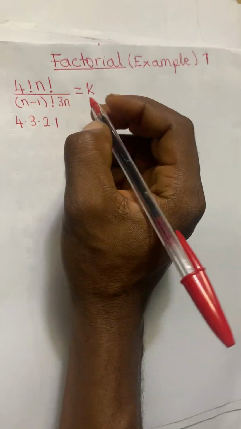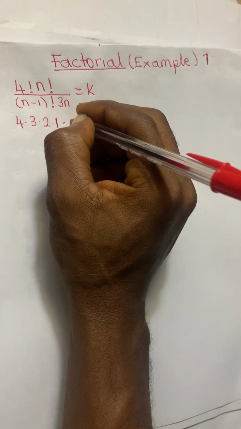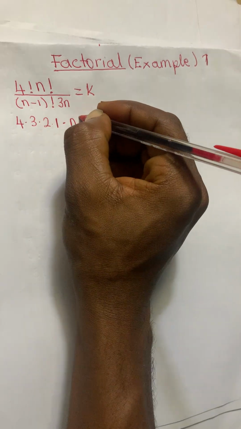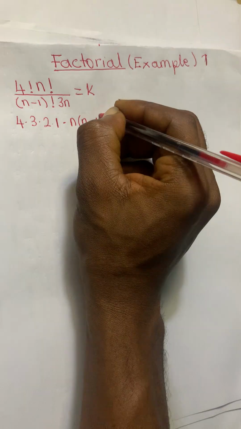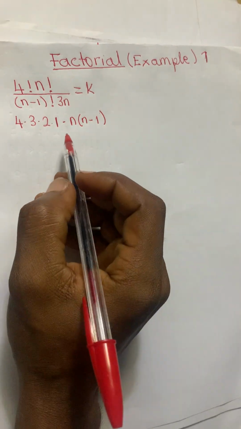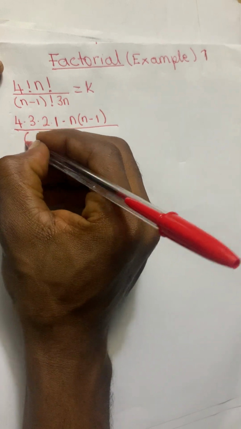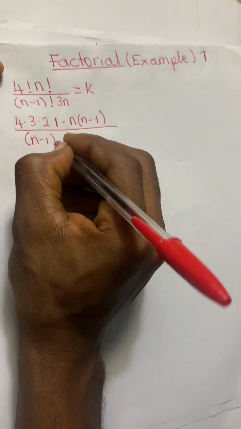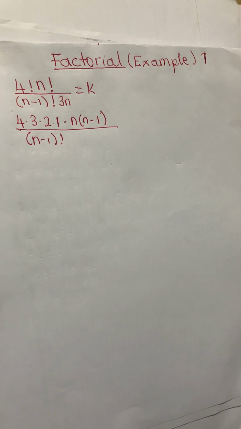Then our n factorial here will be written as n, as we write the number. Then the next one will be n minus 1. But when you study the question carefully, in the denominator we have (n minus 1) factorial. So now what do we do?